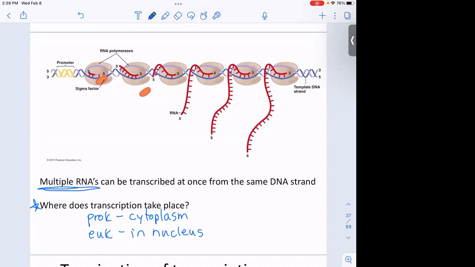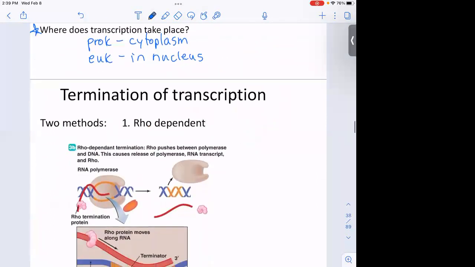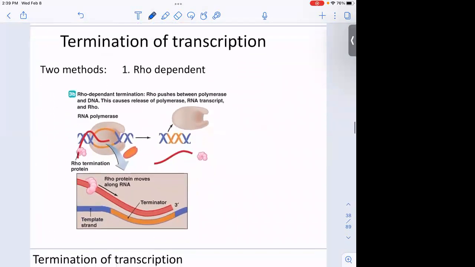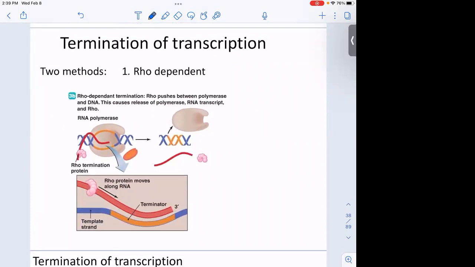To finish today, we're going to talk about the two ways that transcription will stop. We call that termination of transcription. There's two methods, and we think that each of them occur with about equal frequency. The details are a little light here because A, we don't totally understand this process exactly, and B, it gets really, really complicated really quickly.